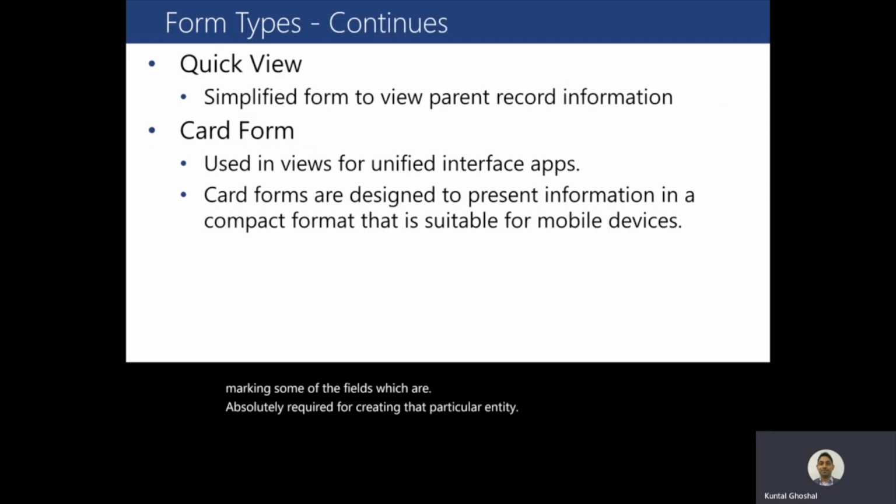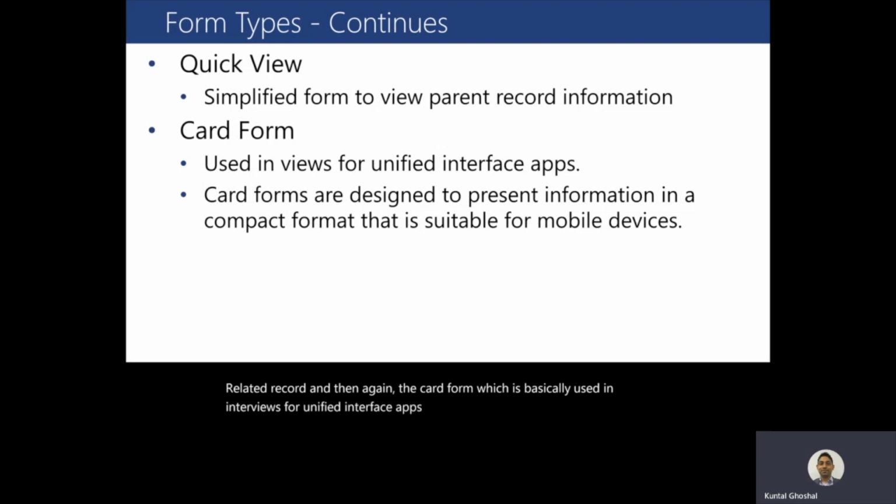Quick view is basically a read-only view of the parent record displayed in a related record. And then again, the card form, which is basically used in the views for unified interface apps.